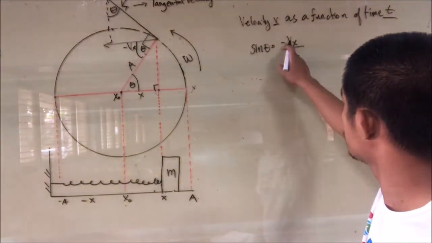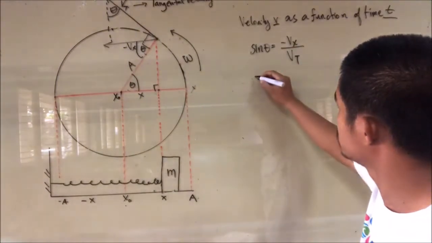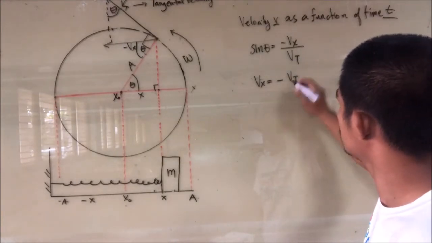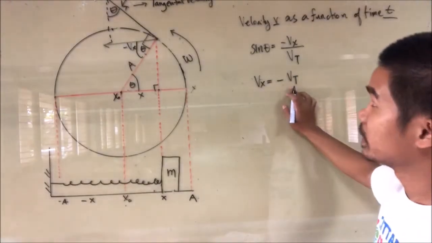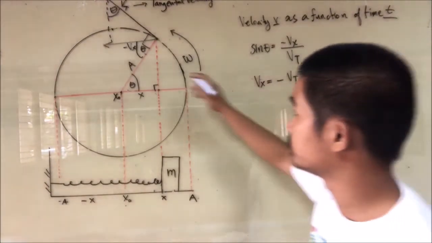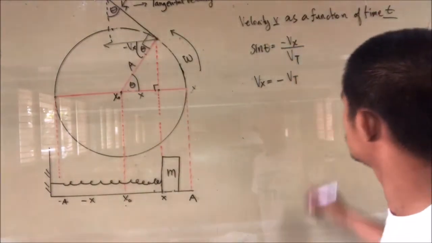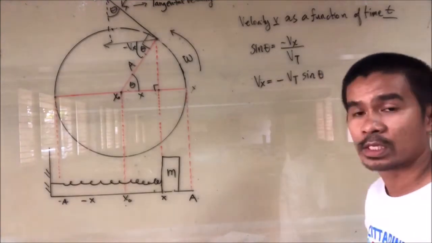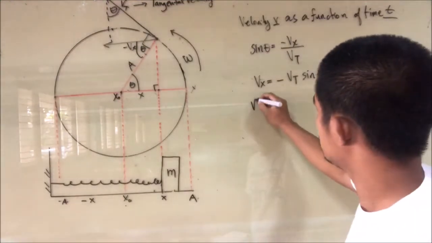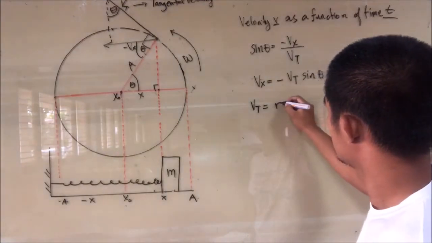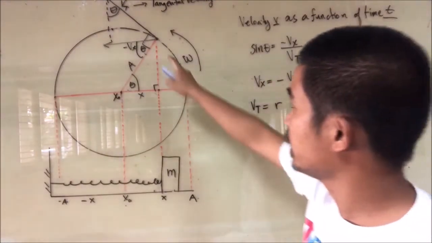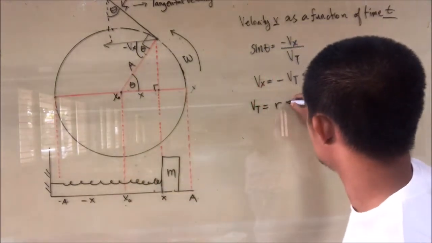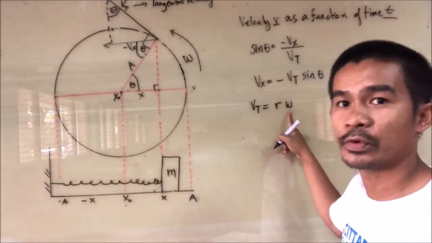So we will express Vx in this equation: negative Vt, or the tangential velocity of an object moving in uniform circular motion, times sine theta. The tangential velocity Vt is determined by the radius of the circular path times its angular frequency.